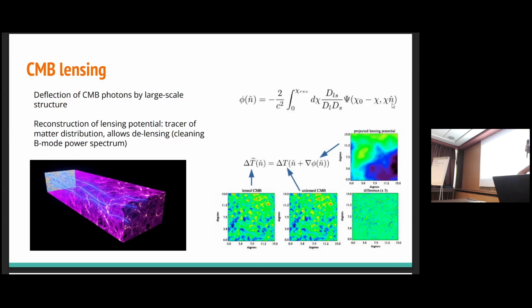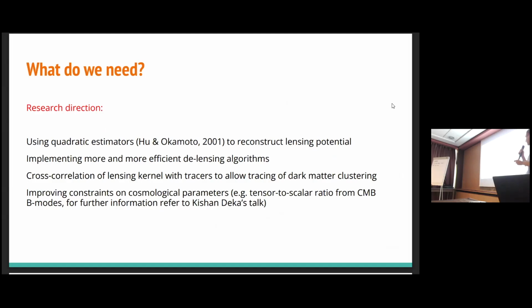The research direction right now is one of using quadratic estimators, such as the ones proposed by Hu and Okamoto in 2001, to reconstruct the lensing potential, implementing more and more efficient delensing algorithms, and also studying, as I said, cross correlations of the lensing kernel with tracers to allow the tracing of the dark matter clustering.